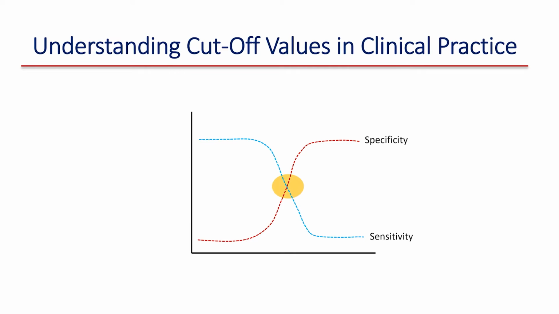But the problem is that all this does is maximize the sensitivity and specificity. Statistically, it's a good value, but clinically, it's not a good value. Because when we have a test, we want to use it for one of two main reasons in our clinical practice: we want to rule a disease in, or we want to rule a disease out. If we want to rule a disease in, we want a high positive predictive value.